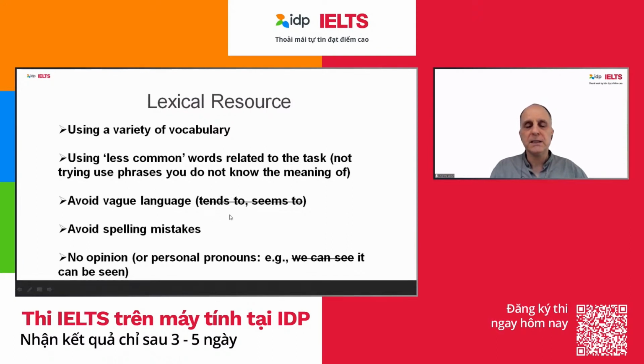I see a lot of this in writing, "apparently", as well. So stay away from those. Obviously, avoid spelling mistakes and stay away from opinions. It's okay if you mention "we can see", but "it can be seen" is better. So try to stay away from any kind of personal pronouns.